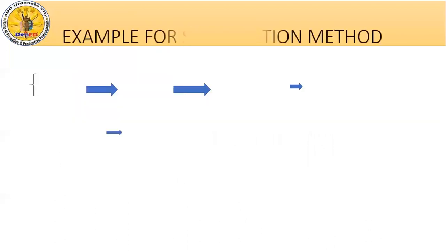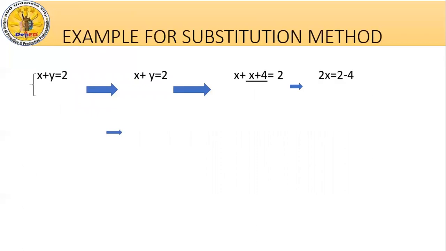So we have here an example for the substitution method. Our system is x plus y equals 2, negative x plus y equals 4. This is the same as our graphical method a while ago, and let us see if we have the same answer.